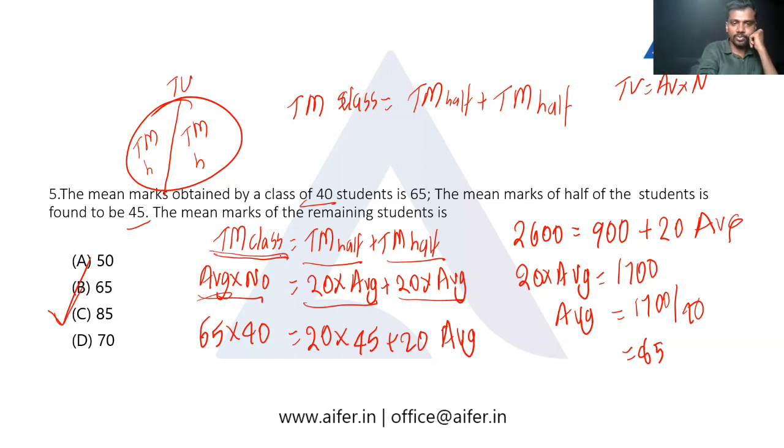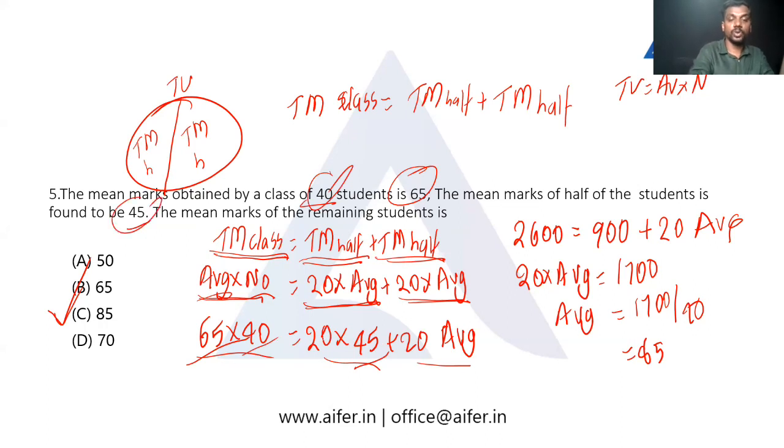So total value of marks by class is equal to average of class into number, total value of marks by first half, 20 into average, 20 is the half number, total value of marks of the second half, 20 into the average of second half. 65 into 40, 20 into 45, 20 into average. It's given that the total is 40 and the half is 20. So resolving, we get 85 as the correct answer.